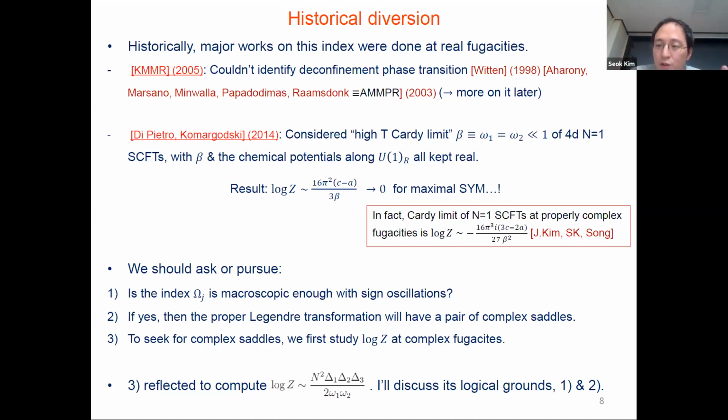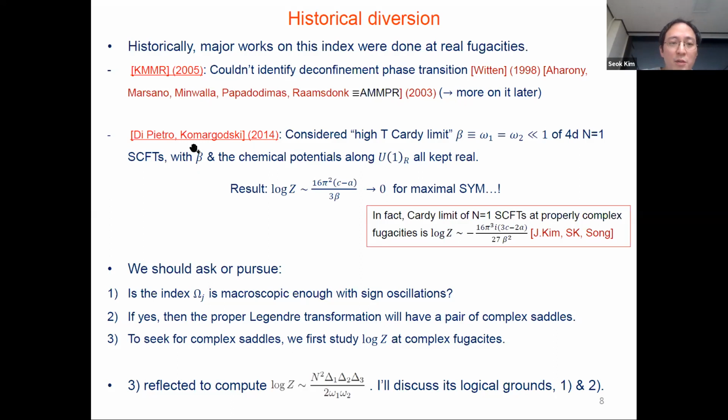But anyway, it's a historical remark, so let me just phrase it. So they tried to find in the grand canonical ensemble what is called the deconfinement phase transition. Okay? Some of these details I'll sketch later. And this is a real hallmark of seeing black holes in the grand canonical ensemble, following the strategy of Witten and Aharony and collaborators. But somehow at real chemical potential, in retrospect, they couldn't identify the proper deconfinement phase transition. So it seems that black holes couldn't be found.